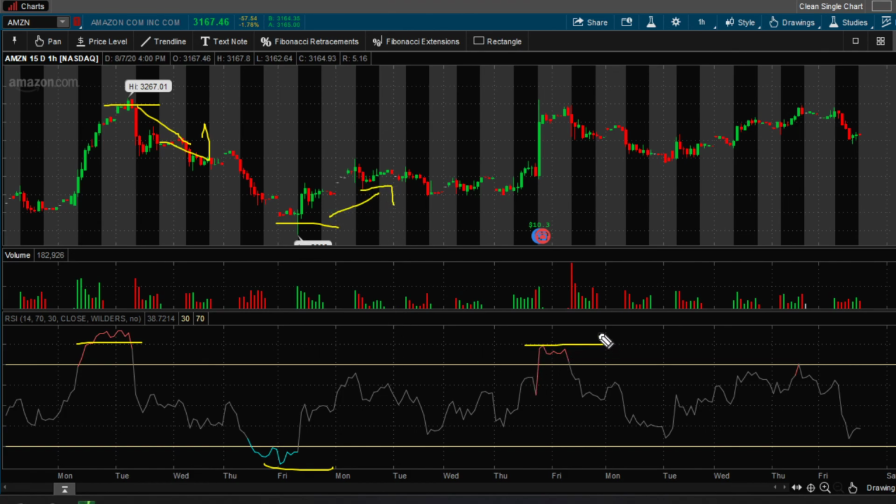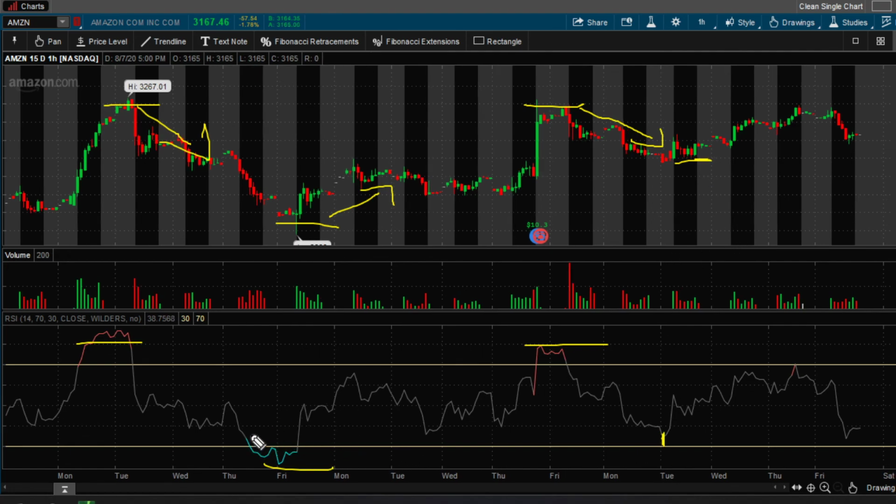This is overbought here, overbought, you got slightly moved down, and then you still could exit here, exit there, take your profits there on the RSI. That's kind of a way to use it and how to read it. Overbought, oversold.